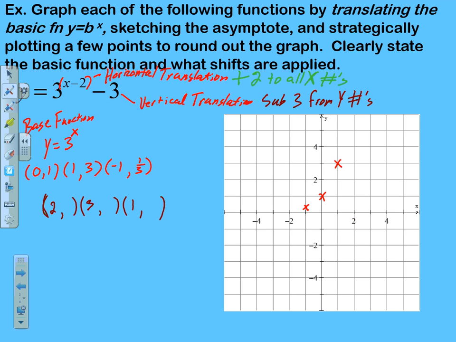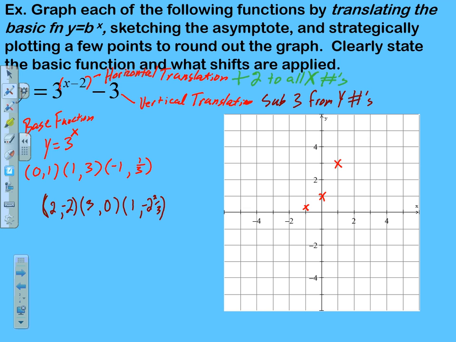So going back to the basic function, the first one, (0, 1), I'm going to say 1 minus 3, which will give me a -2 for that y coordinate. 3 minus 3 will give me a 0 here, and 1/3 minus 3 will give me -2 and 2/3 for that y coordinate.